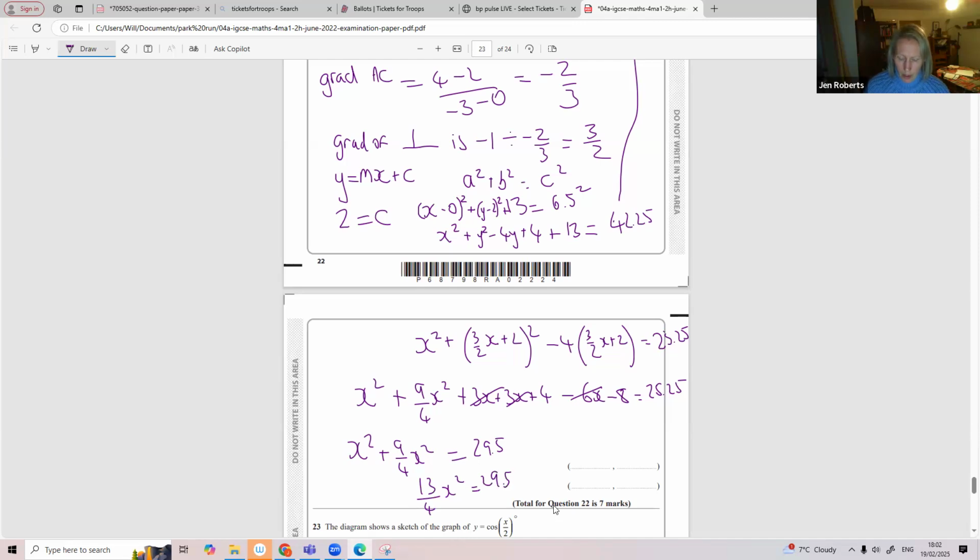Divide both sides by 13 over 4, and then square root. I've got a funny number here. I must have gone wrong somewhere. Hang on a second.